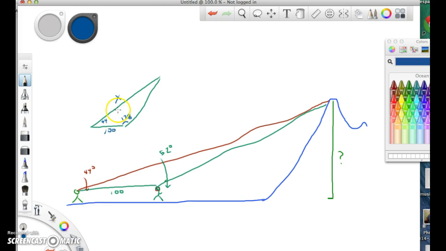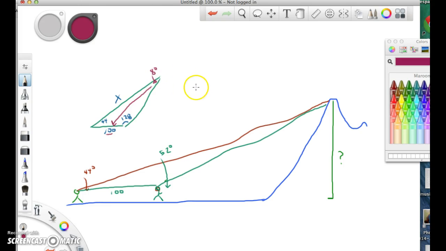So we need this angle right here, because we need the one opposite. This one and this one go together. The 100 goes with this angle right here. So if this is 128 and this is 44, what's that, 172? 172, that means this up here is 8 degrees.